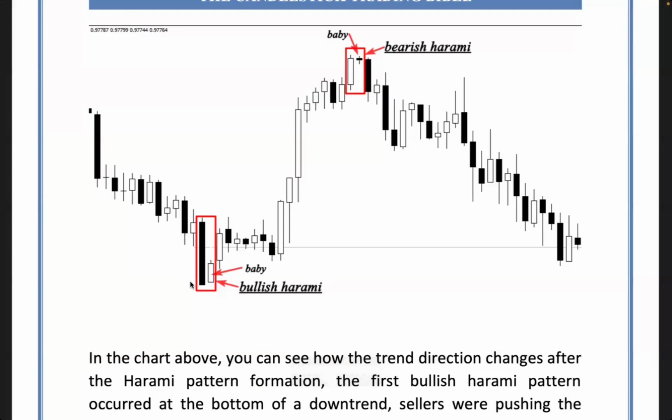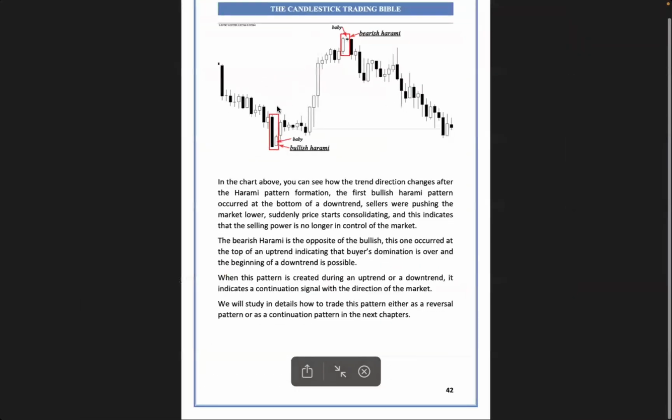This candlestick pattern is a bit confusing because it's not really clear, which means that you can't just trade this alone. You need to have certain confluences, maybe based on market structure or something else. Here you can see it working as a continuation pattern, because when it happened, price sold a bit.